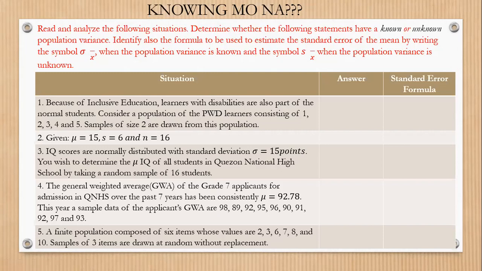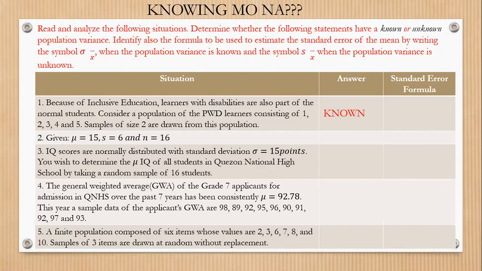Since the given is from the population, of course, the population variance will be known. Ano po? So, our answer, Ray, is known. And if it is known, what will be the formula or the symbol to be used? Is it the sigma of the sample mean or the S of the sample mean?